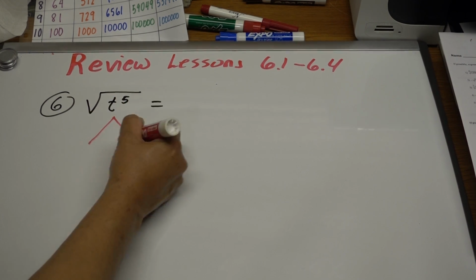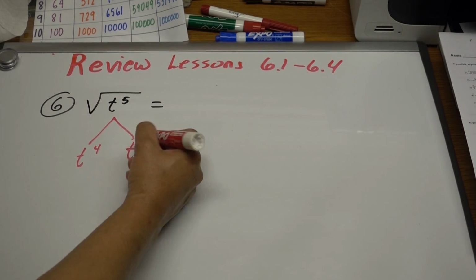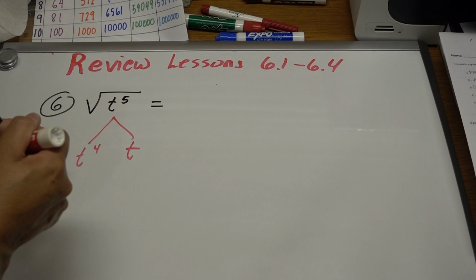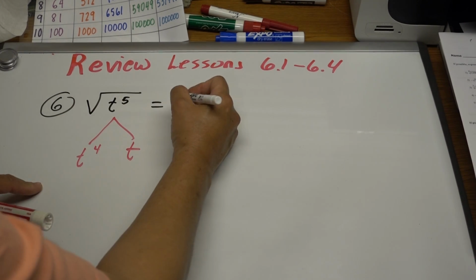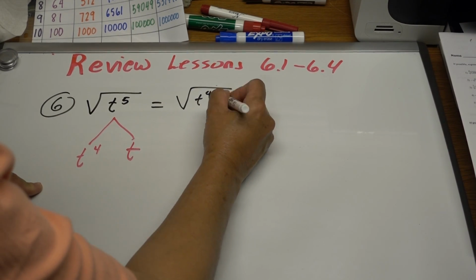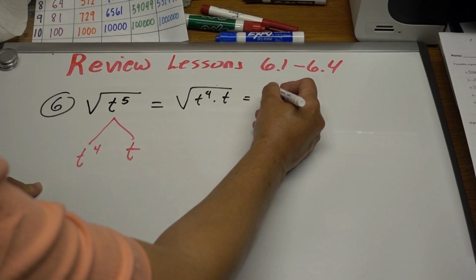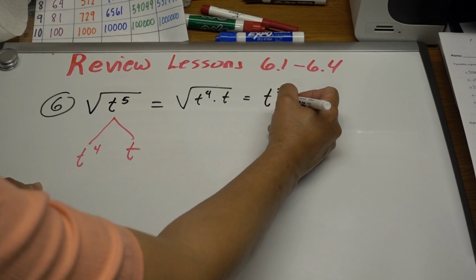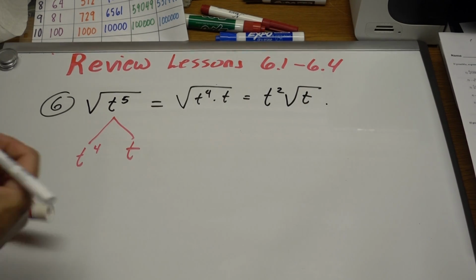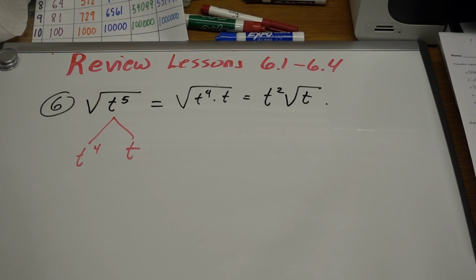That will be t to the 4th and t. So I'm going to write t to the 5th as t to the 4th times t. We continue, 4 divided by 2 is 2, so this is t squared, and t stays inside of the radical. And that's the answer for problem number 6.